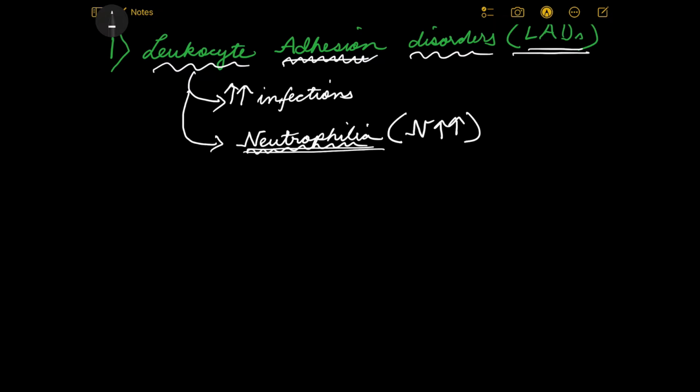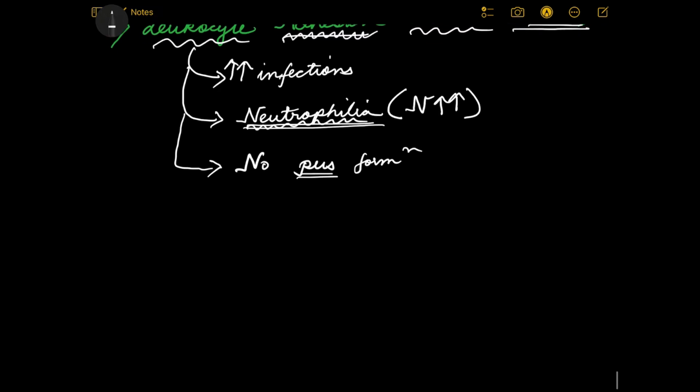Okay? And another very important and again very obvious clinical manifestation is no pus formation. Pus is very important, and I don't think I have talked about it in the actual inflammation topic videos. Pus is an end product, a byproduct formed due to the entire inflammation process.